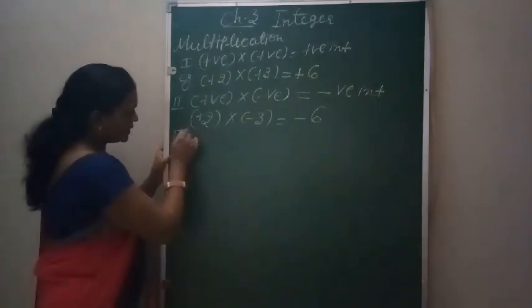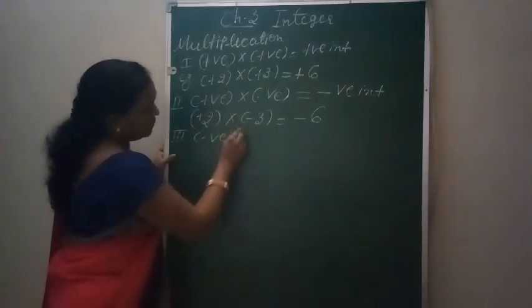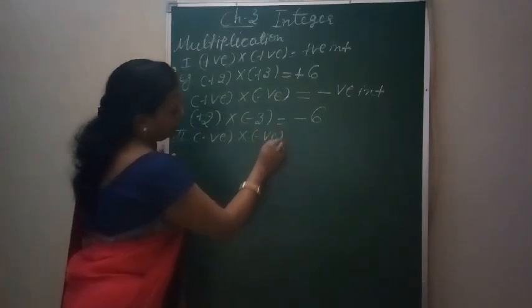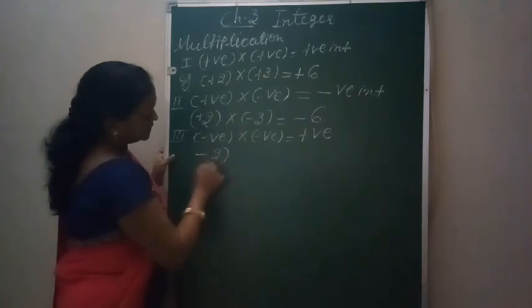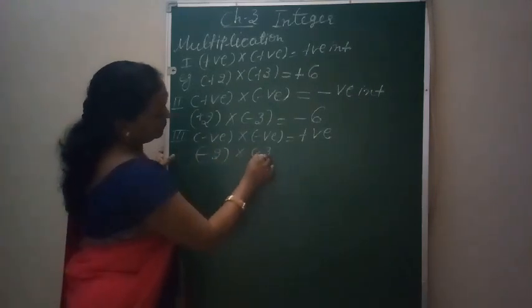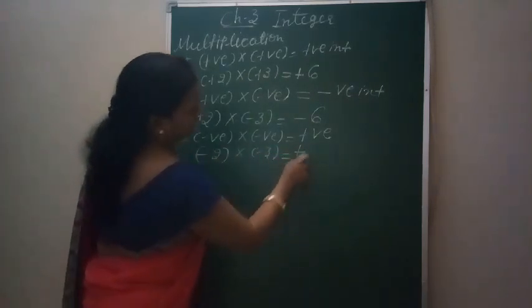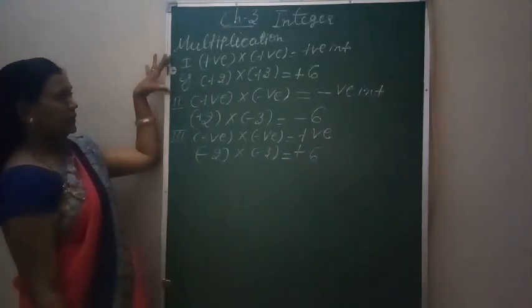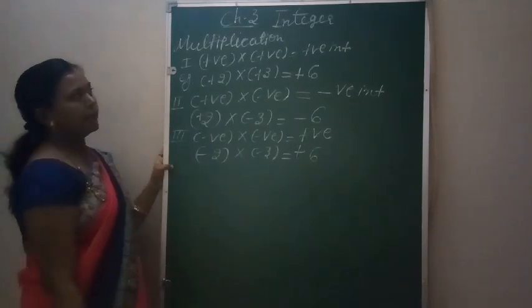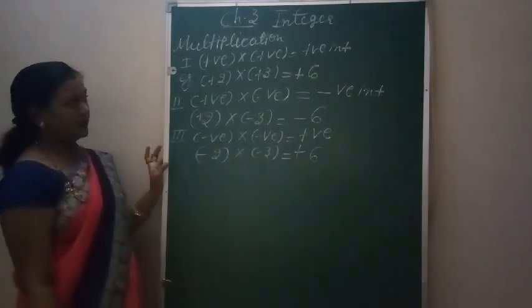And the third condition: negative multiplied by negative integer is a positive integer. Minus 2 multiplied by minus 3 is plus 6. Now this is the rule for multiplication of integers.